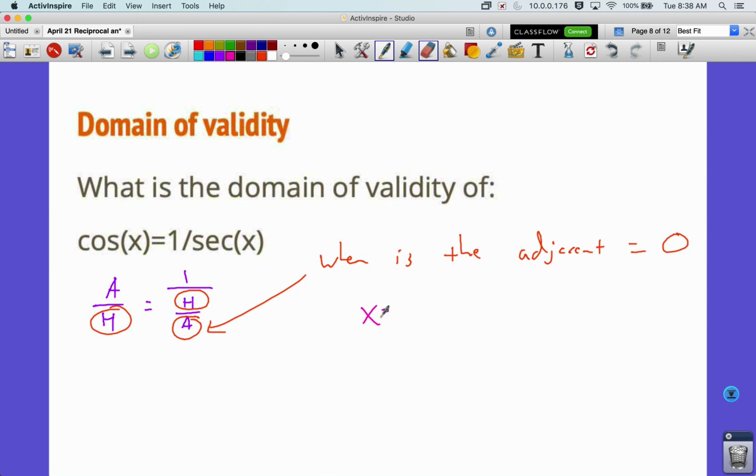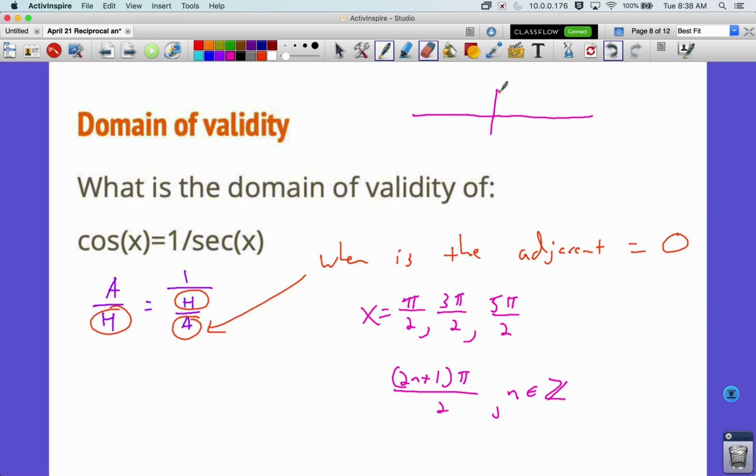Well, that's when x is equal to pi over 2, 3 pi over 2, 5 pi over 2. This should look familiar. This is our (2n plus 1) pi over 2, where n is an element of the integers. And that's because this corresponds with when cosine crosses 0. So cosine starts at a maximum. After 2 pi, it comes back to a maximum.